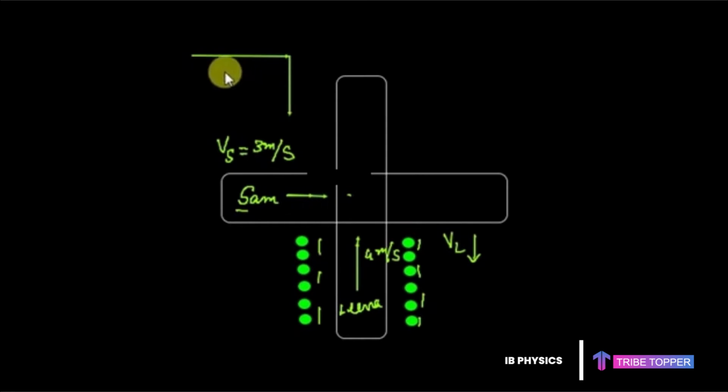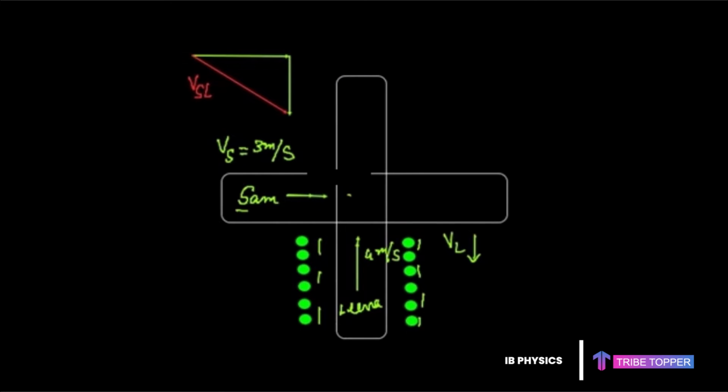So for Lena, this guy Sam appears to be coming along this direction, right? So this is the relative velocity of Sam with respect to Lena.